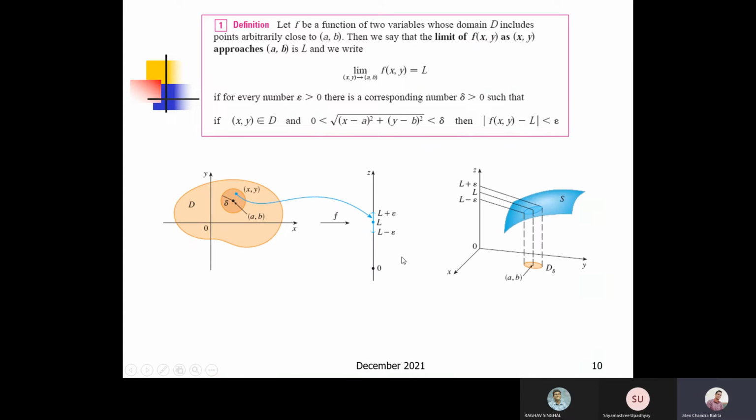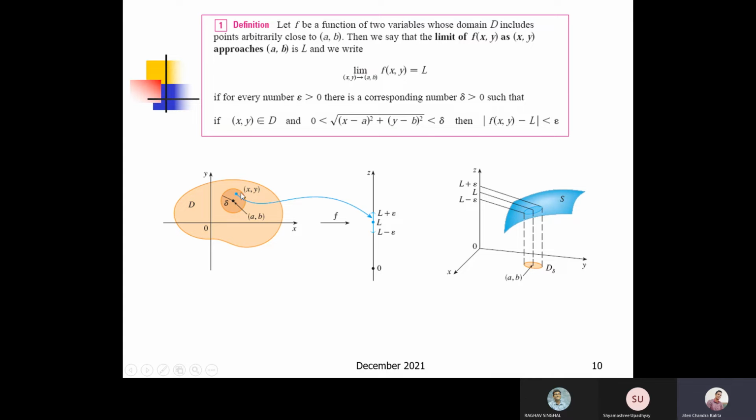I had already given the geometrical interpretation. It is something like this. If you recall, when I drew the figure, I was not even worried about where this L is. I simply drew the interval L minus epsilon, L plus epsilon.